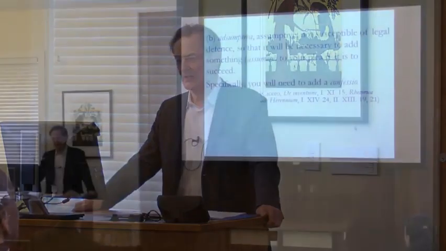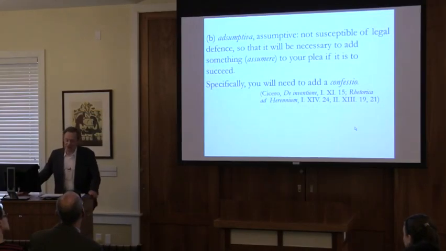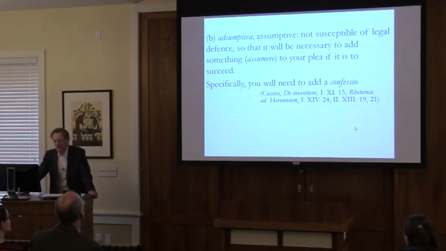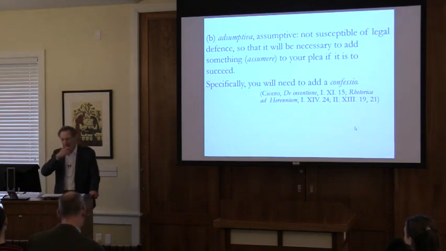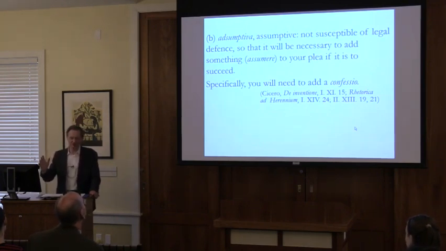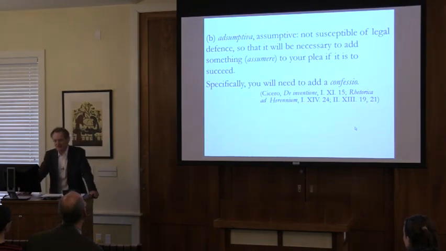The alternative, oh now, this is where Cicero really begins to worry on your behalf. The alternative is called assumptive. The Latin verb assumere simply means something has to be added. And that's because your claim is not susceptible of a legal defense. You don't have a legal defense. Cicero says, well, you shouldn't be in court if you don't have a legal defense, but you may find yourself before a court without a legal defense.